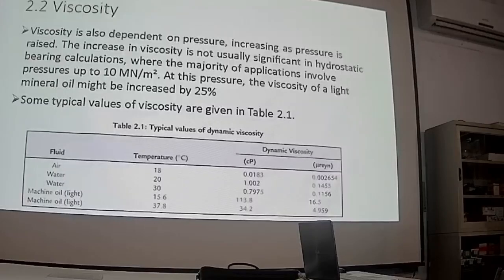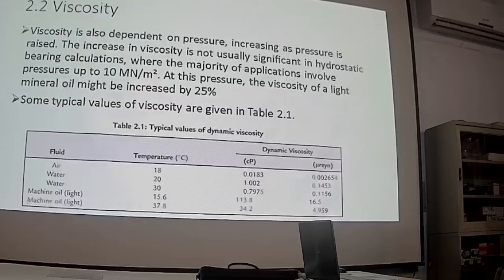Here are some examples of typical values of dynamic viscosity. We have different fluid types: air, water, water at different temperatures, and machine oil, the basic oil, at a low temperature of 15.6 Celsius.